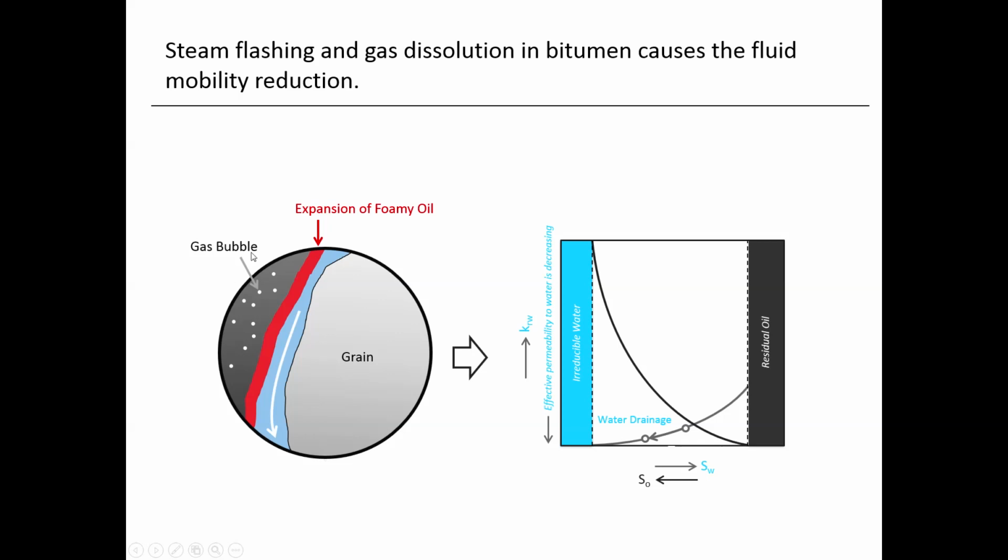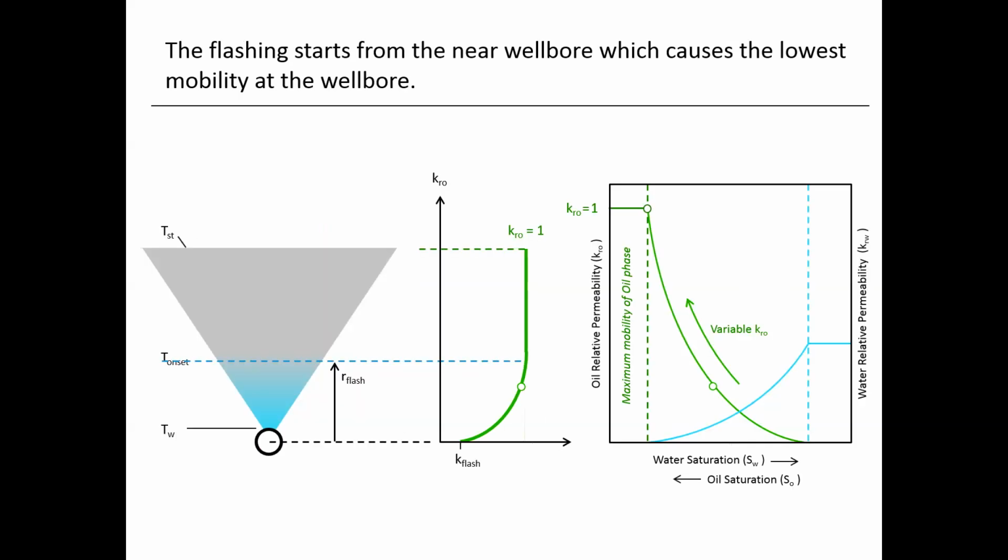But if it happens, if you have gas bubbles inside the oil, it creates a foamy oil. And if you have steam flashing inside the water, it creates the steam. And that steam mitigates your rel perm. So that's the bad sign for our liquid pool up dynamic.